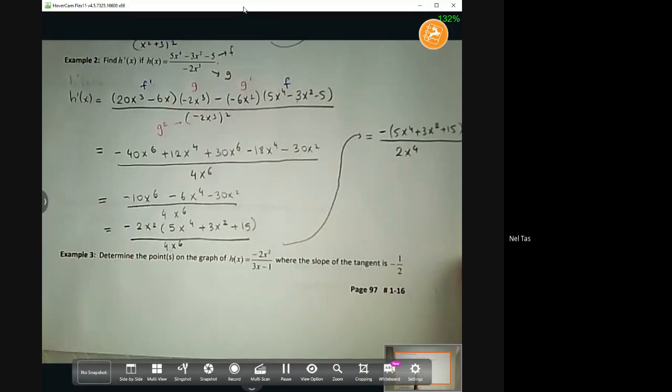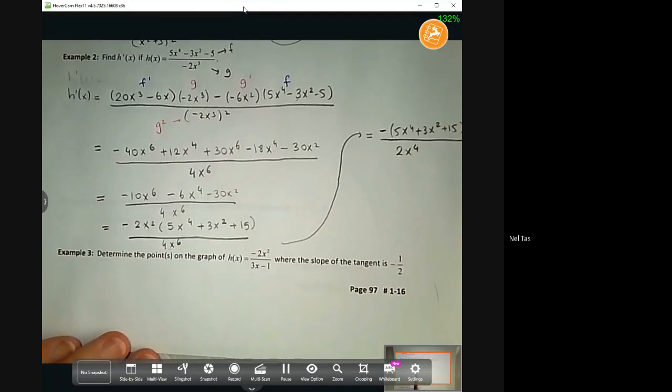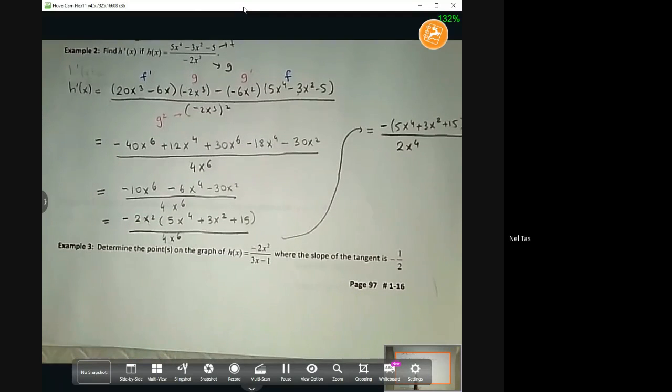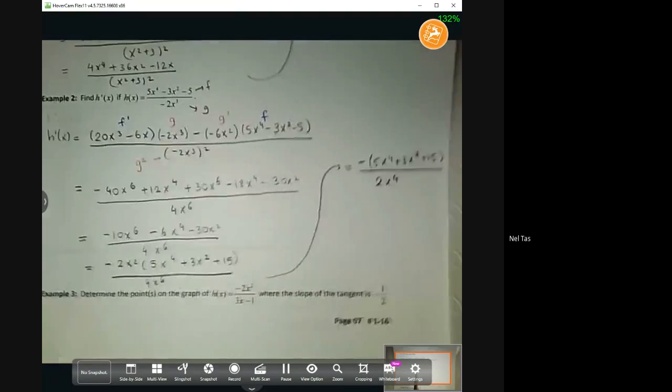Last question. Determine the points on the graph of h of x equals negative 2x squared over 3x minus 1, where the slope of the tangent is negative 1 over 2. Okay, so we are going to find the points where the tangents have a slope of negative 1 over 2.